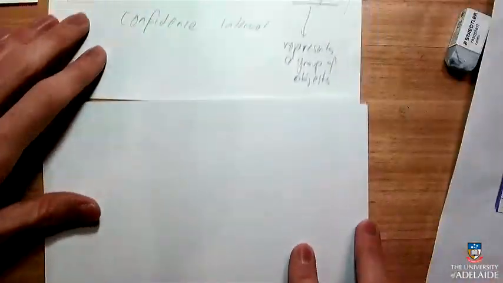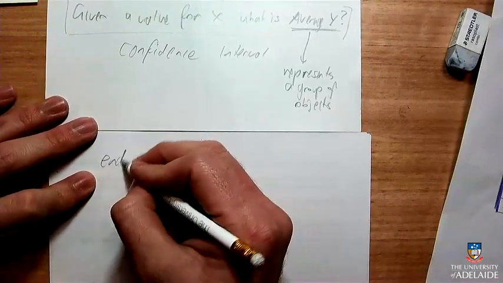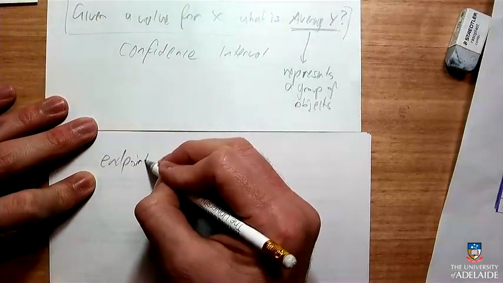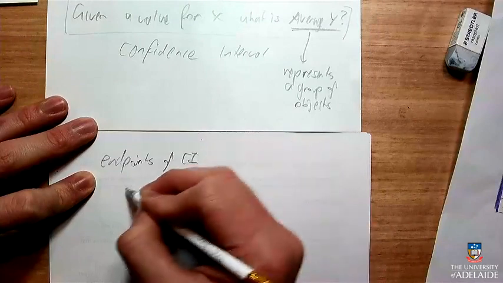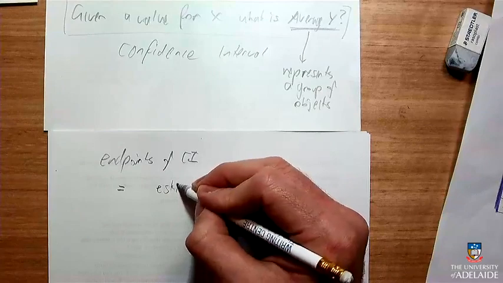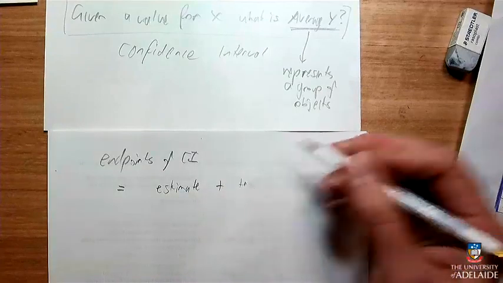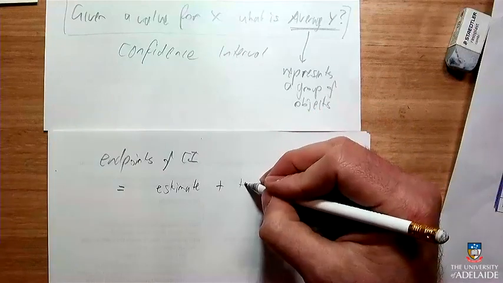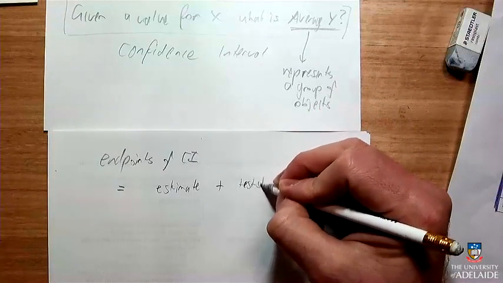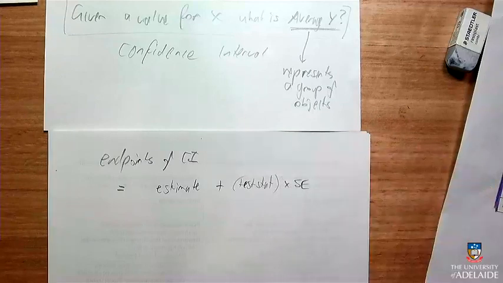So to do a confidence interval, I will say that the endpoints of the confidence interval equal the estimate plus the test statistic, like the critical value of the test statistic, times the standard error.